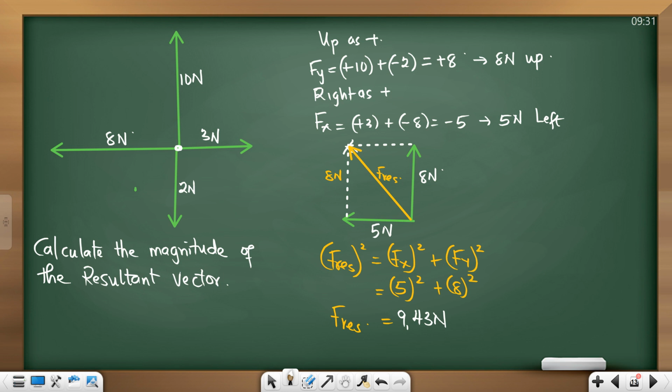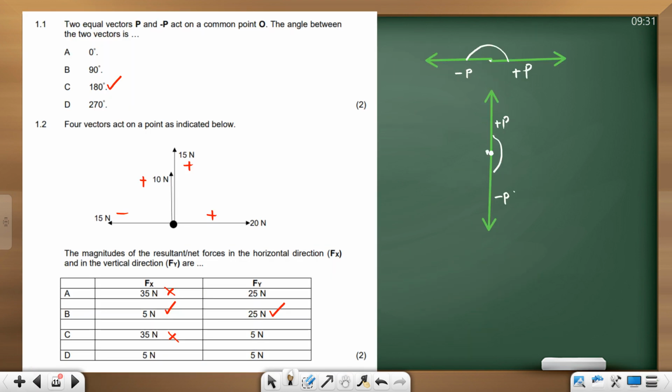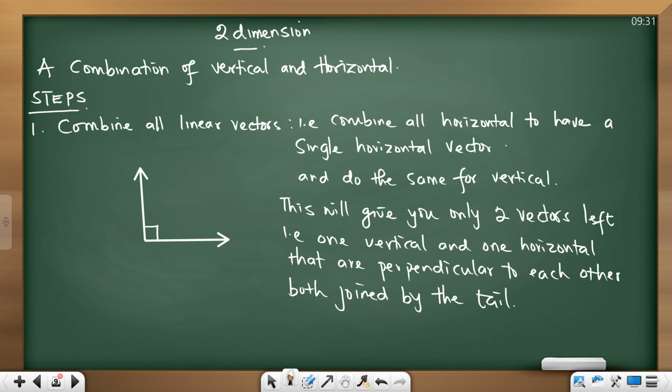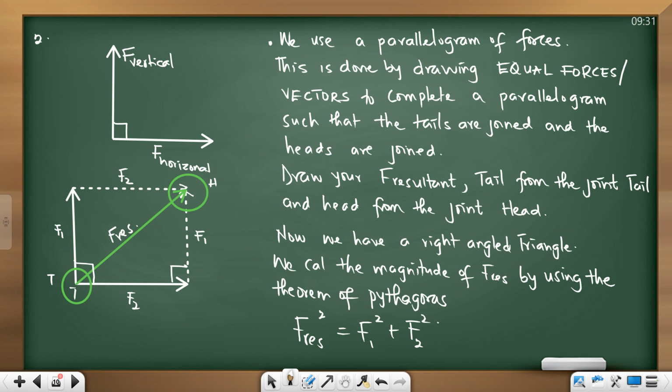All right. Now, how do we calculate or determine the direction? So we are all okay now with magnitude, guys. Please, the note is right there to follow. That's why I broke it down into 2 pieces. Step 1, combine. Step 2, Pythagoras.